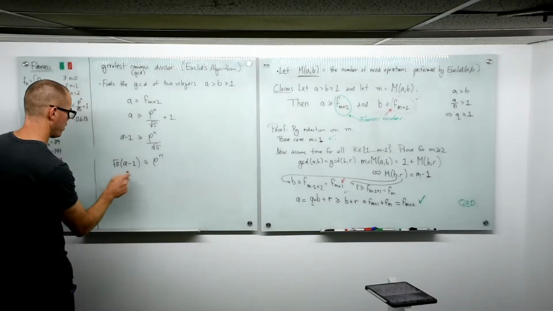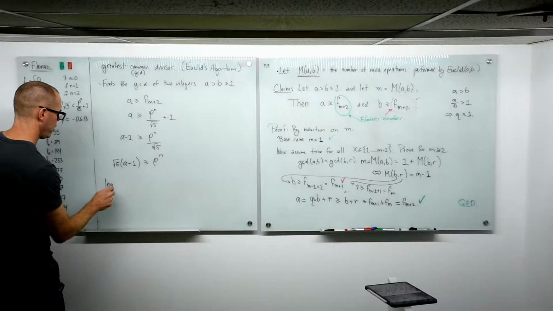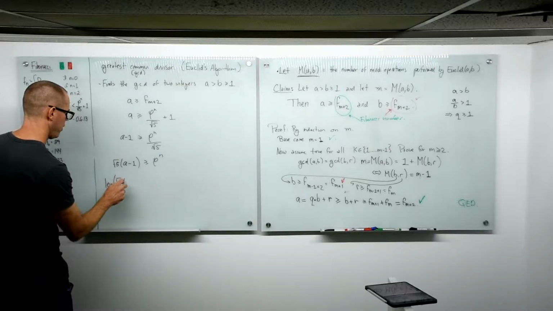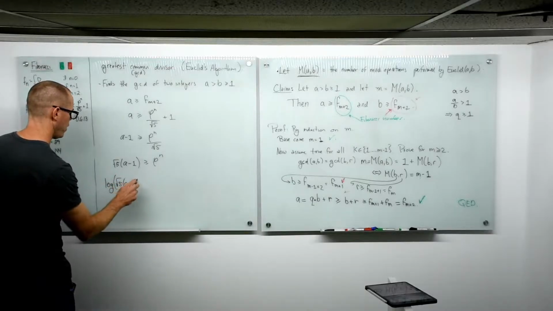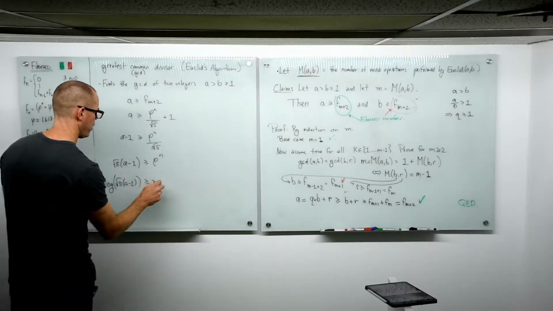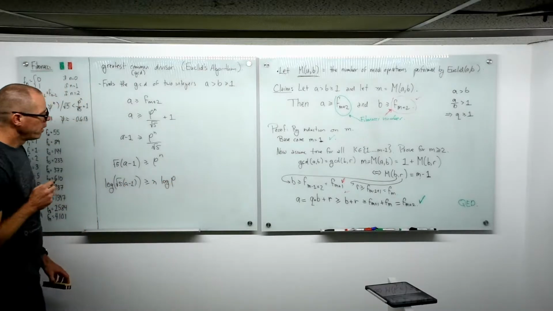If I take the logarithm on this side, I get that log of square root 5 times a minus 1 is bigger than or equal to m log phi.